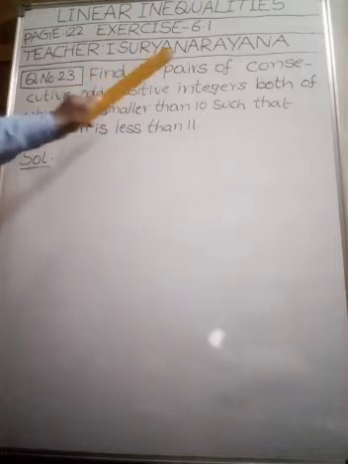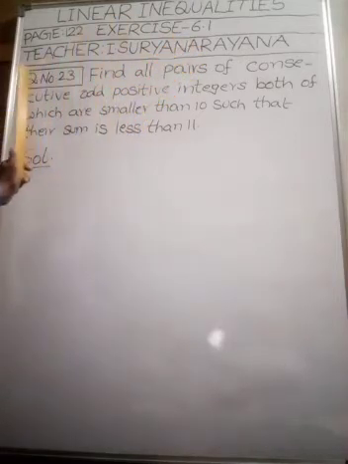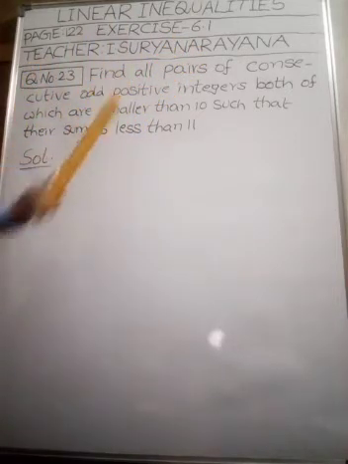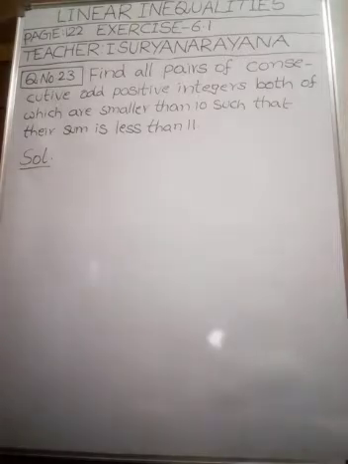We have to find consecutive odd positive integers. Do you know the general form of an odd natural number? Yes. 2n plus 1 is said to be the general form of an odd natural number.